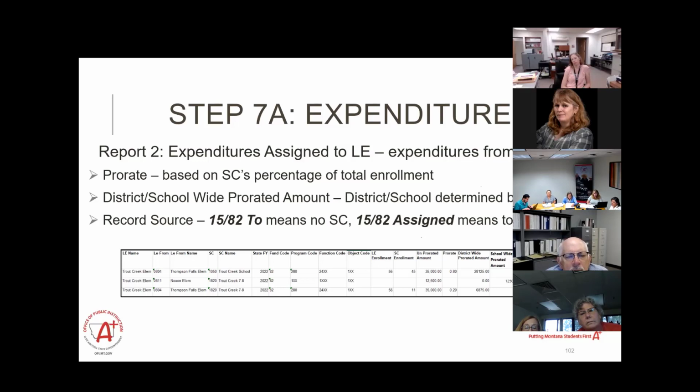So for example, in the school food fund, if the district that's operating the school food fund goes into step 9 and says $100 goes to school A, $100 goes to school B, that record is going to be 1582 assigned. If they just go in and say $200 to legal entity B, it's going to show up in that 1582 field, meaning that there is no school code assigned.